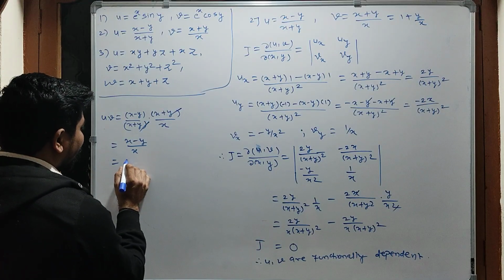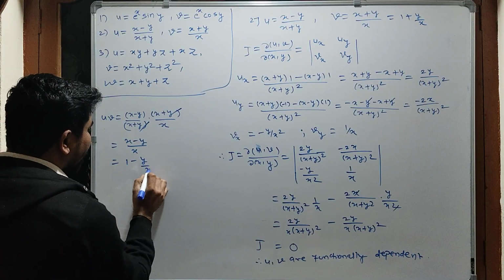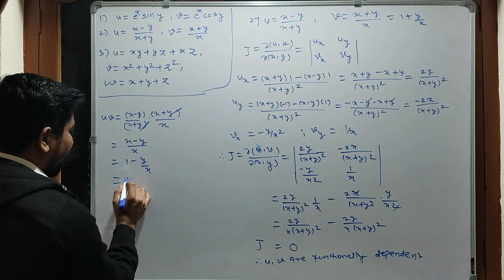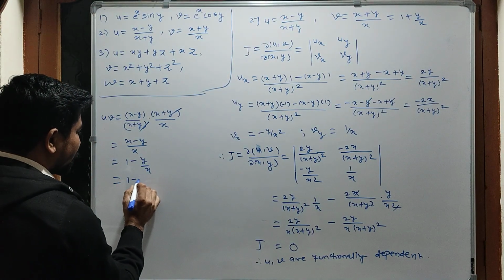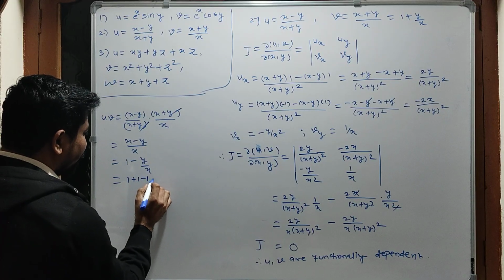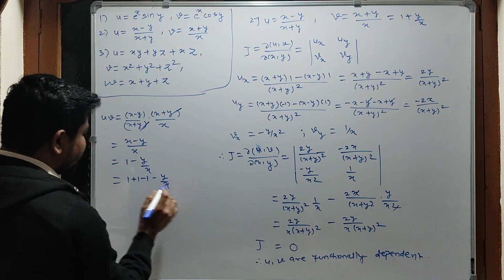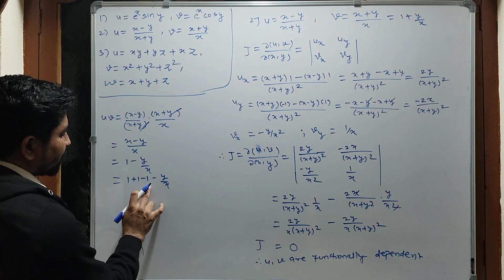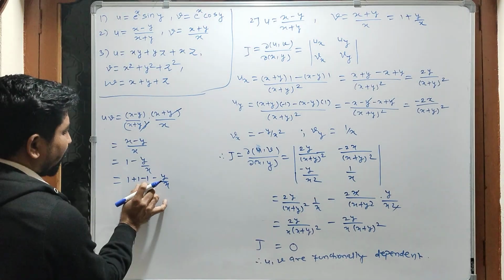Therefore, 1 minus y by x, which is equal to, just add 1. Here I am adding plus 1 and subtracting minus 1, so 1 as it is, and 1 minus 1 becomes 0.